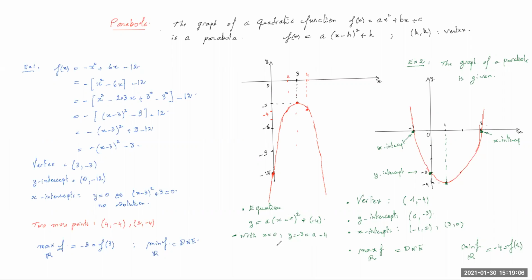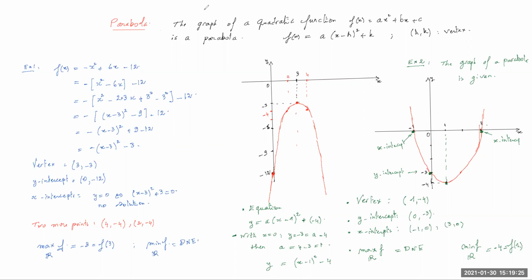Then a will be 4 minus 3, which is 1. So the equation is 1 times (x minus 1) squared minus 4.